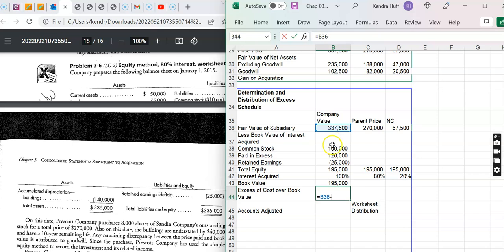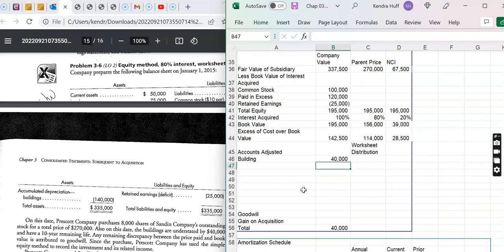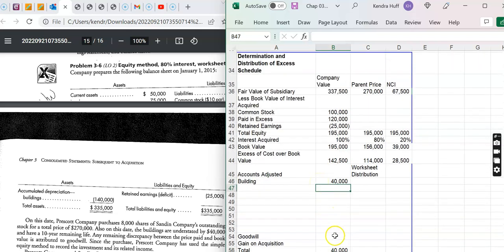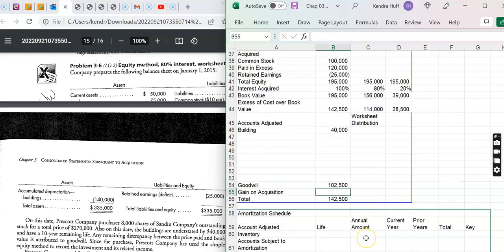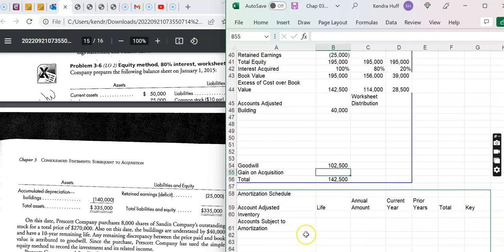Subtract. Here's my excess. It's just the building. 40. And then goodwill should be 102,500. That makes it balance out, so we're good.